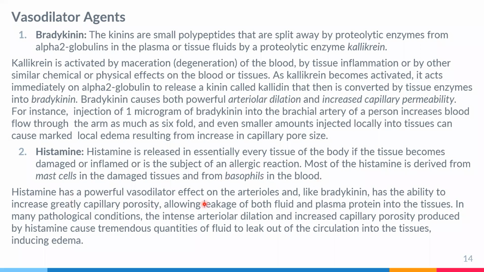Histamine has powerful vasodilatory effect on arterioles and, like bradykinin, has the ability to greatly increase capillary porosity, that is, increase the pore size of the capillaries, allowing leakage of both fluid and plasma proteins into the tissues. In many pathological conditions, the intense arterial dilation and increased capillary porosity produced by histamine cause tremendous quantities of fluid to leak out of the circulation into the tissues, inducing edema.